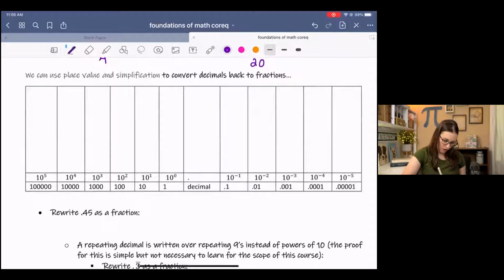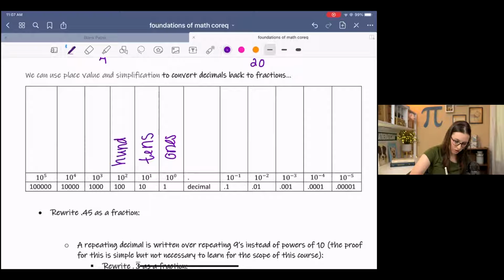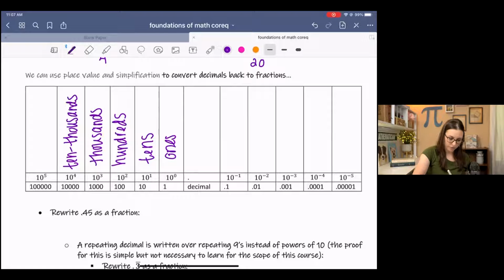There we go. These are ones, tens, hundreds, thousands, 10,000s, 100,000s, and so on. It keeps going forever, but for the sake of the lesson, we'll just stop there.